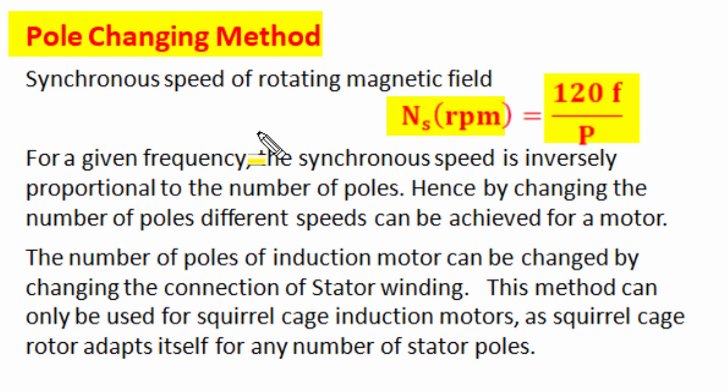So when stator poles are changed by special reconnection of winding coils, the rotor itself adjusts the number of poles in the rotor winding identical to the number of poles in the stator winding. So this pole changing method can be used only for squirrel cage induction motors, and when the stator pole number is changed, that changes the synchronous speed of the rotating magnetic field, and that results in a stepped change in operating speed.